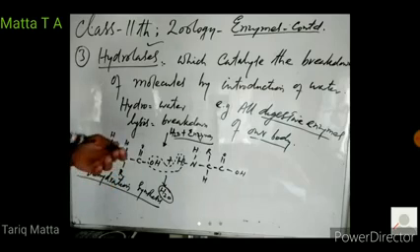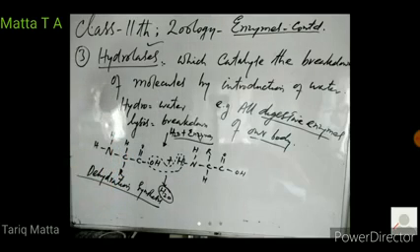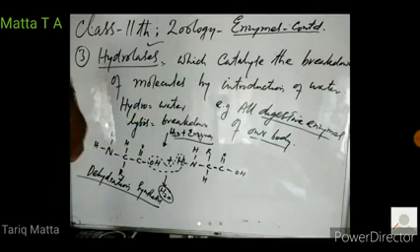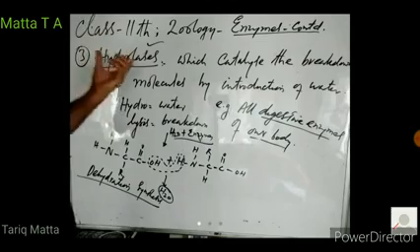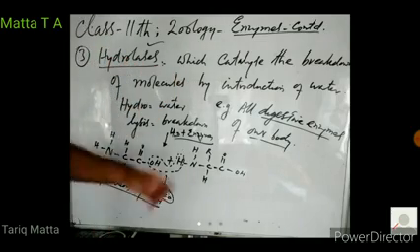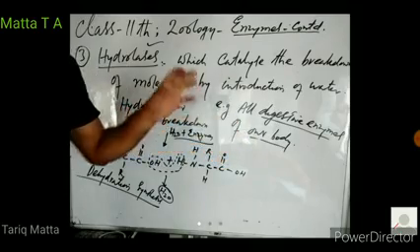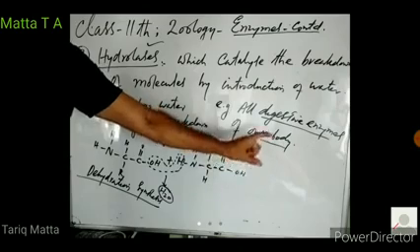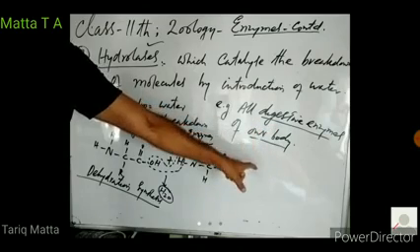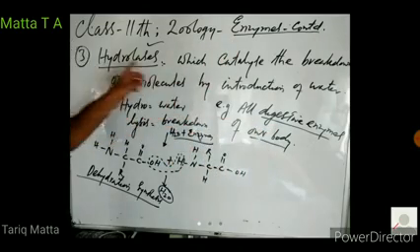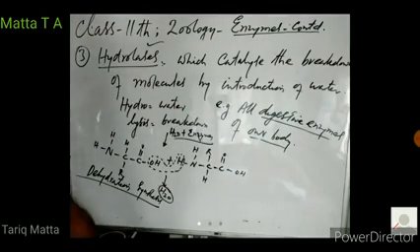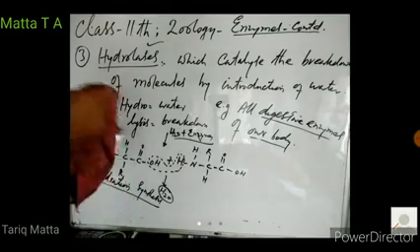So this class of enzymes, which breaks large molecules into smaller molecules by introduction of water, we call hydrolysis. The examples of hydrolysis are all digestive enzymes of our body: amylases, proteases, lipases, and nucleases, right? So that was the third class of our enzymes.